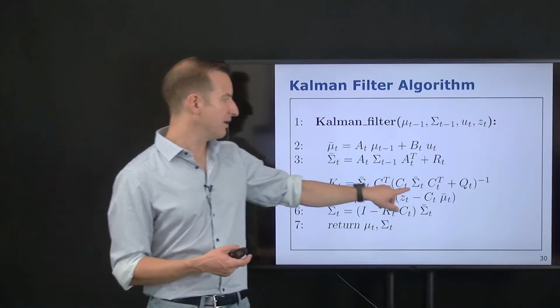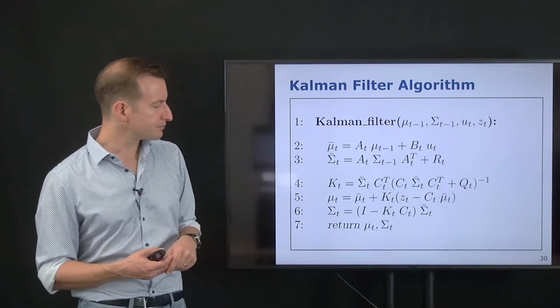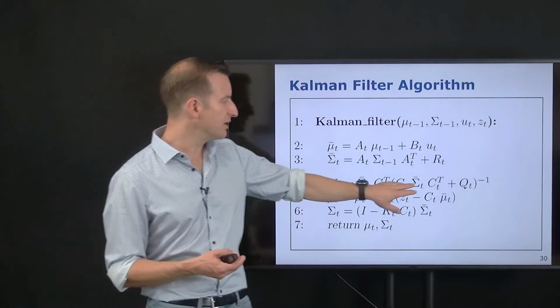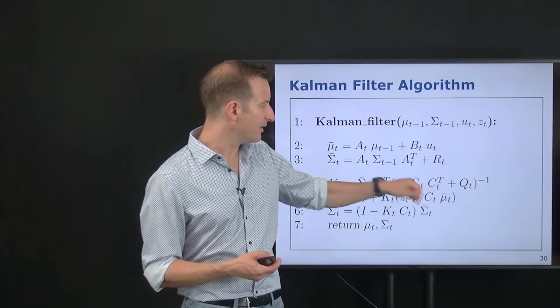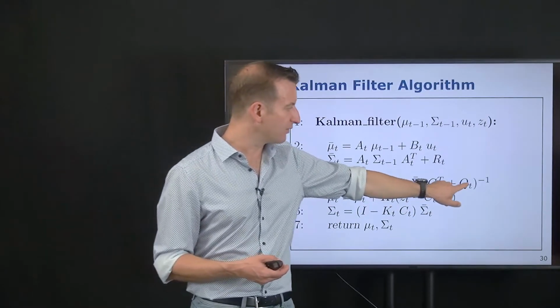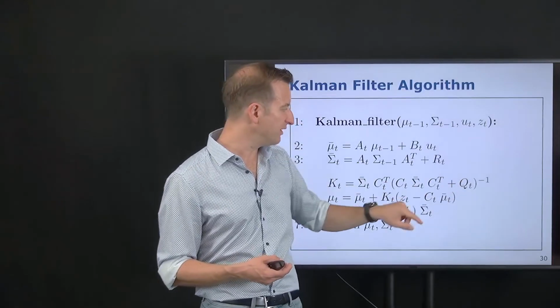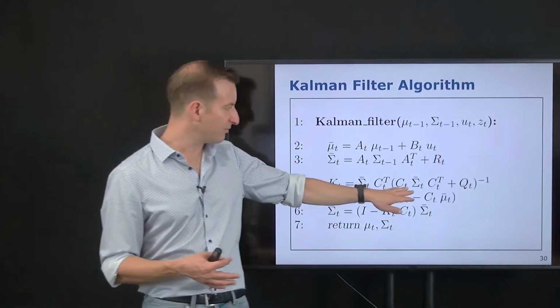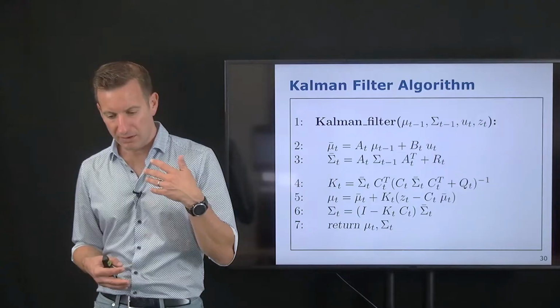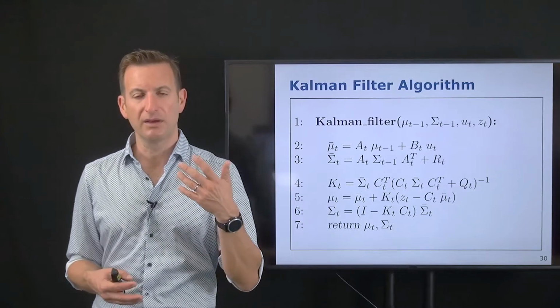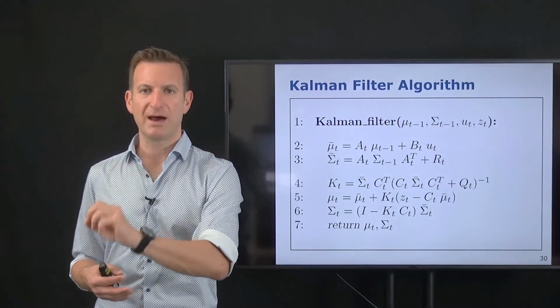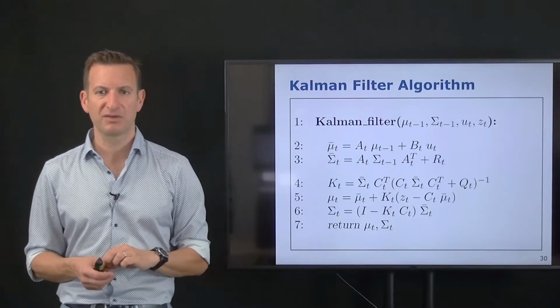And this term over here is basically a ratio taking into account the uncertainty of my observation, sitting over here, and then the matrix C_t, the model which tells me how to map from the state space into the space of observations.